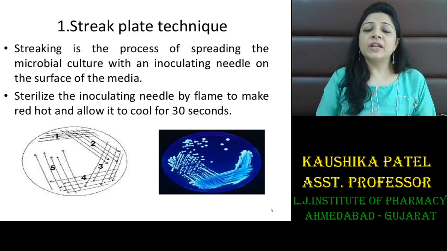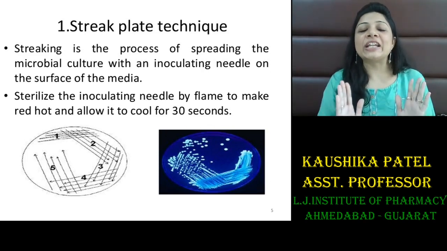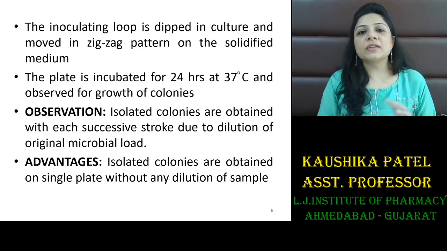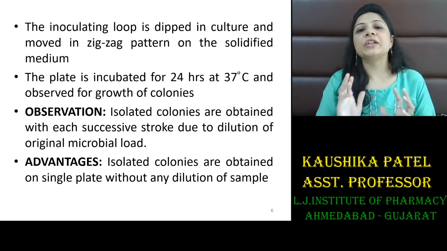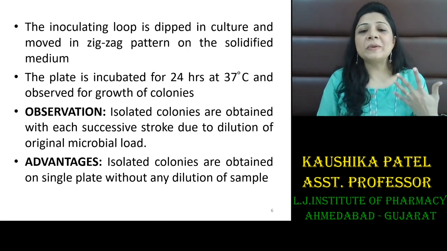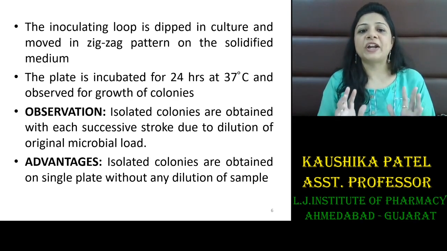In this method, the sample is streaked on a petri plate by using an inoculating needle or a nichrome wire loop. Each time before using the loop or the needle, you have to sterilize it in the flame. The loop is dipped in the culture and moved in a zigzag pattern on the solidified plate.